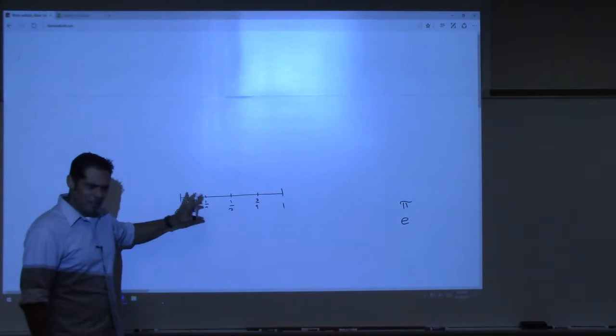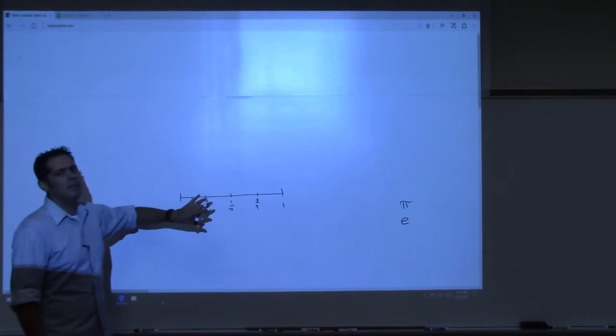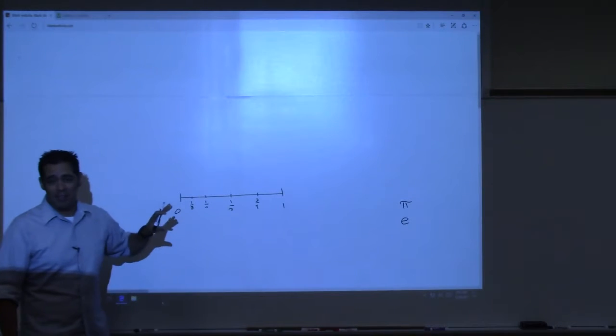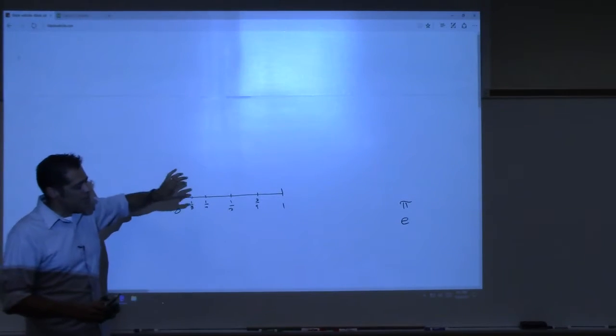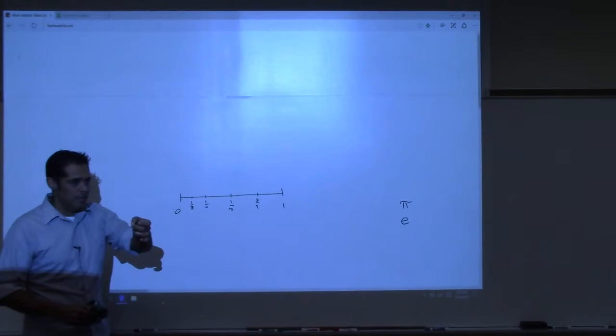So you've got an infinite number of fractions and an infinite number of things that aren't fractions. But it actually turns out to be something kind of mind-blowing. If you close your eyes and you reach in here and you pick out a number, the probability that it's a fraction is 0. You have no chance of pulling a fraction. No chance.